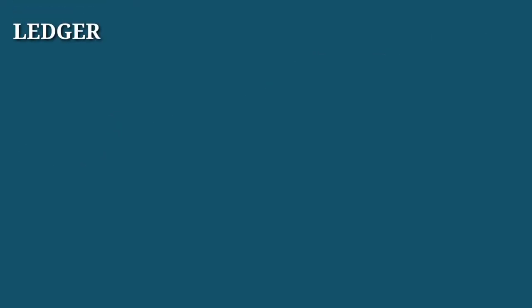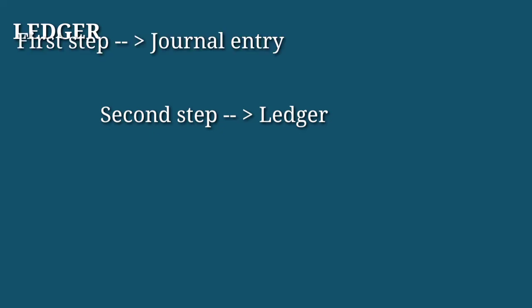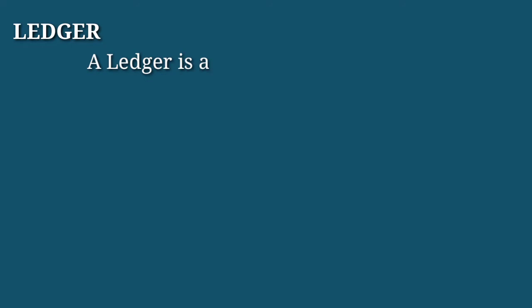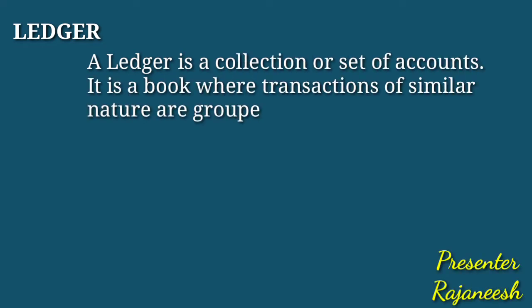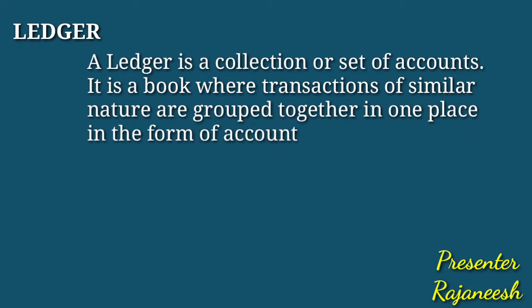Ledger is the second process of accounting. The first process is writing the journal entry. A ledger is a collection or set of accounts. It is a book where transactions of similar nature are grouped together in one place in the form of accounts.